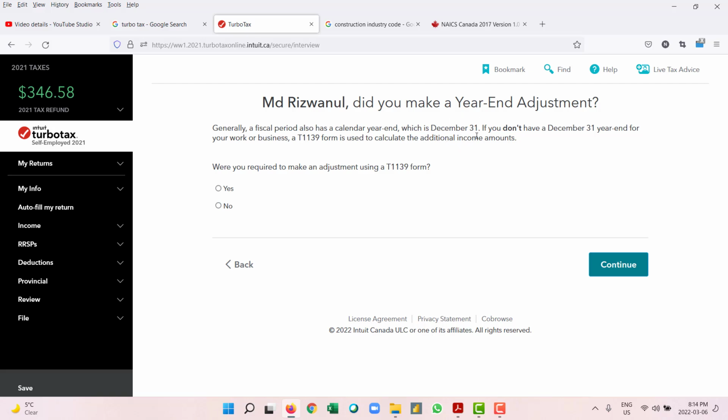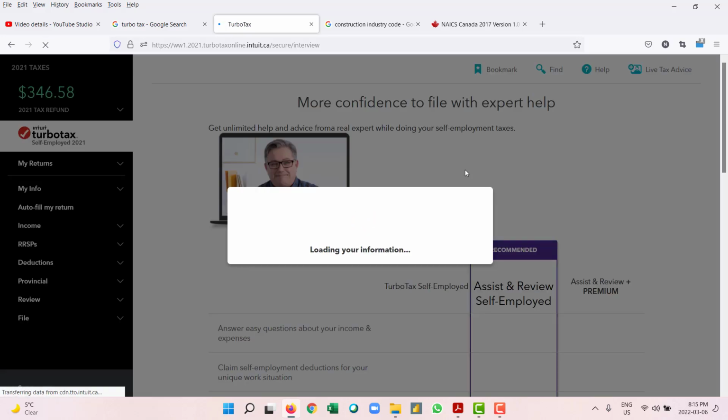My company has a December 31 year end, but some companies do not, because the year end can be determined by the company itself. It can be April to April. So I will click no. Okay, click continue.